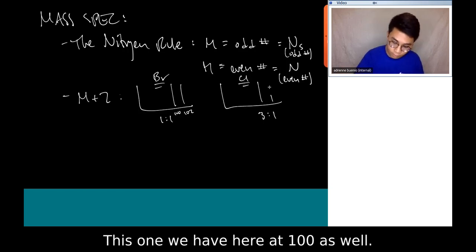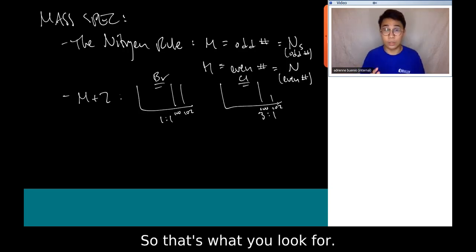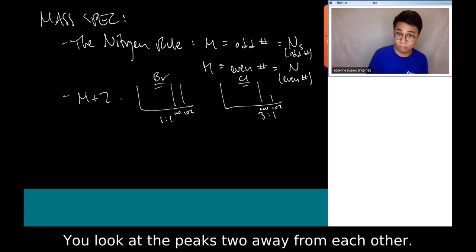This one we have here at 100 as well. The other peak will be at 102. So that's what you look for. You don't look at the plus 1, you look at the peaks 2 away from each other, right? So that's how you know.